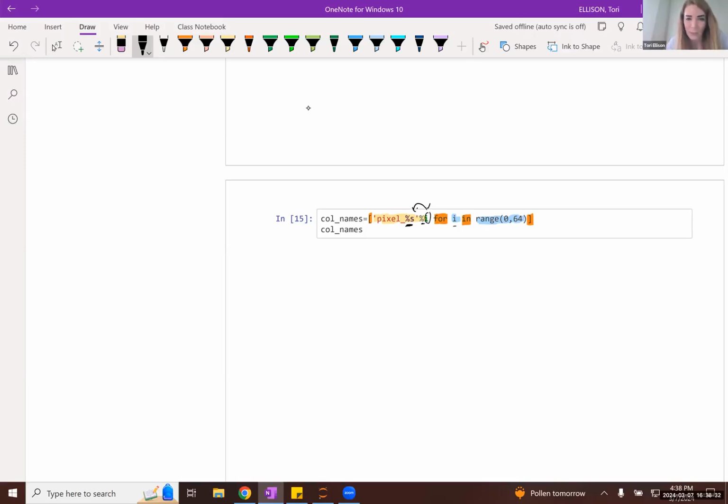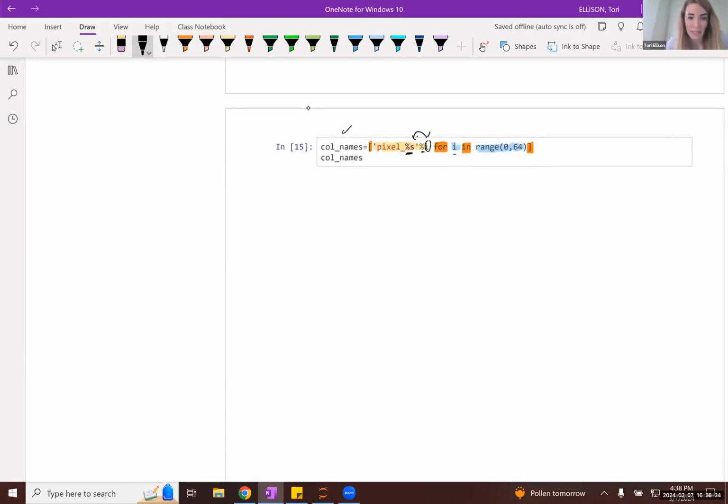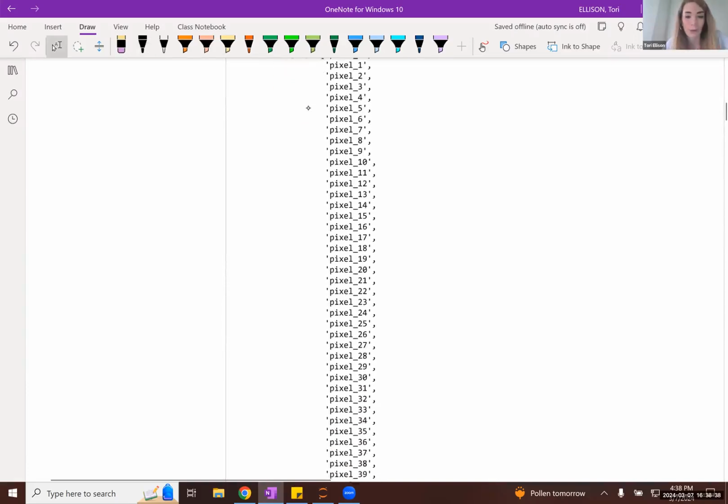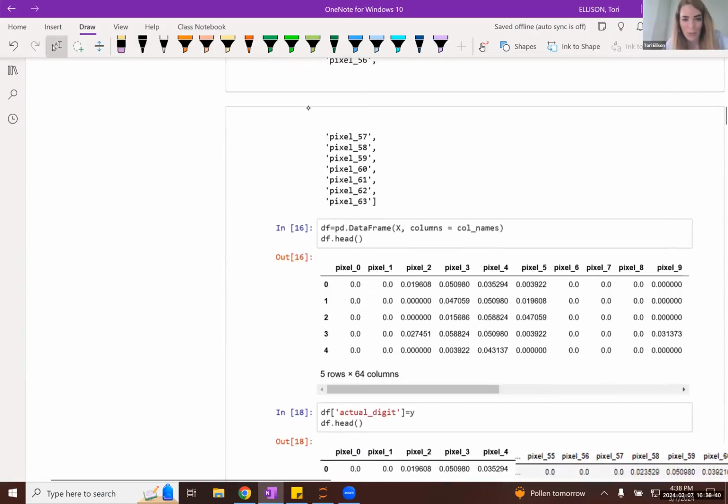So what I end up getting is this list of column names, pixel 0, pixel 1, and so forth. These will be my column names that I'm going to plug in when I put that NumPy array into a pandas data frame, df.